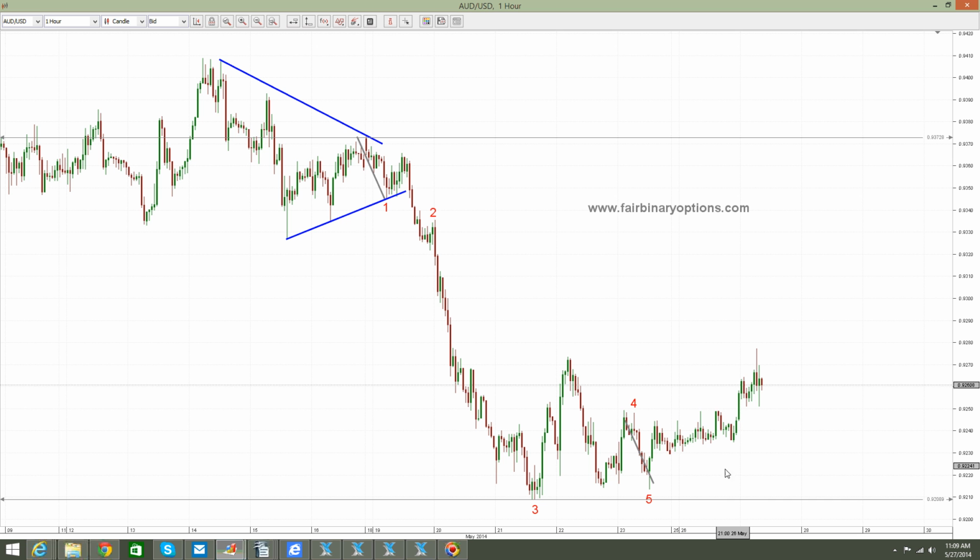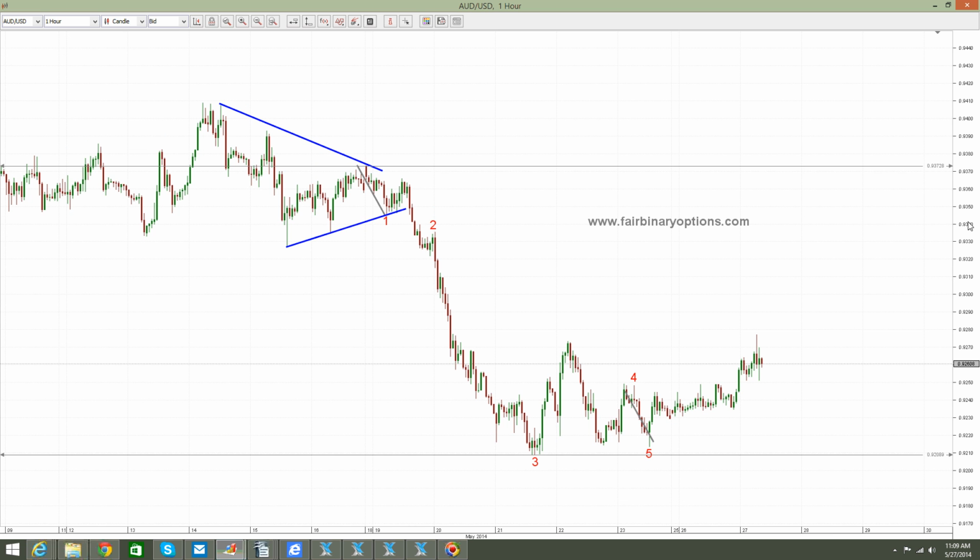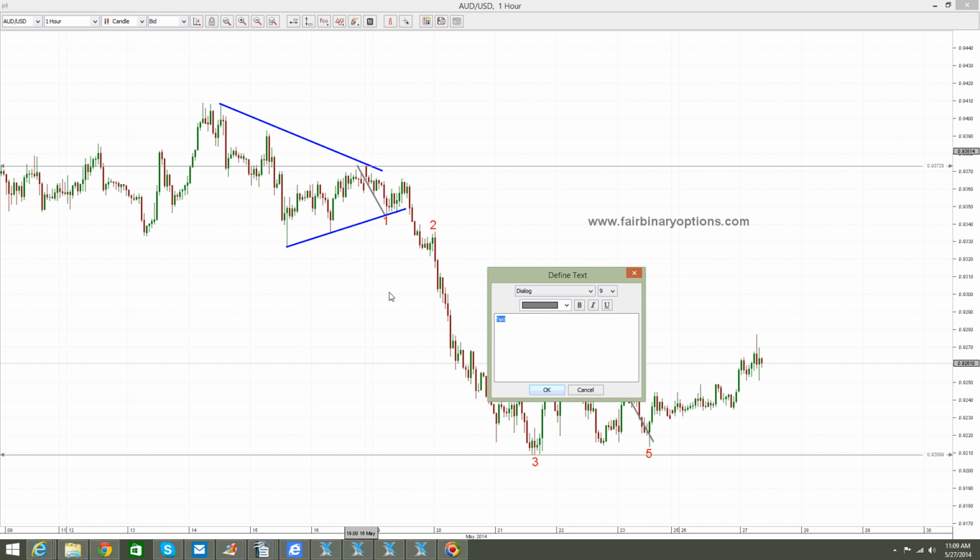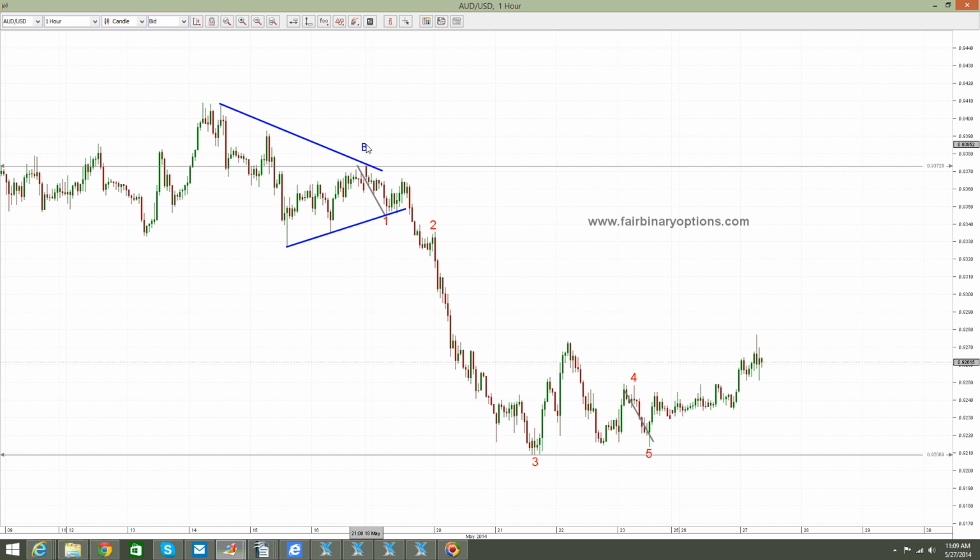Now, what after the impulsive move? Well, after the impulsive move, from my point of view, this move that ended here is only a B wave of a bigger degree as part of a flat, and you will see the flat in a minute. So this would be the B wave of a bigger degree, and this to be the C wave of this same degree.